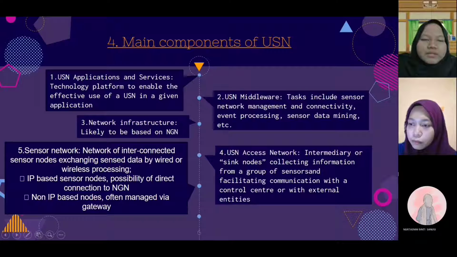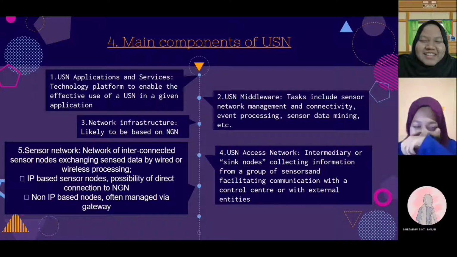Number three, network infrastructure, likely to be based on NGN. Number four, USN access network: intermediary or sink nodes collecting information from a group of sensors and facilitating communication with a control center or with external entities.